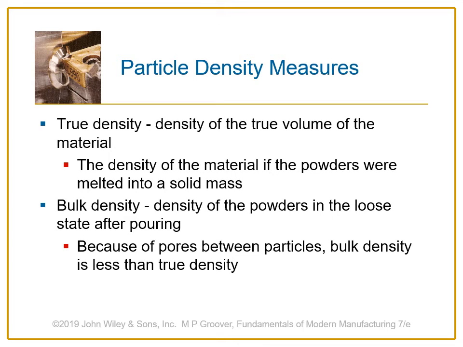We notice that the bulk density is always less than the true density, because in the case of the loose state of powders, we have pores, which are the empty spaces between the particles, which make the density less than the true density.